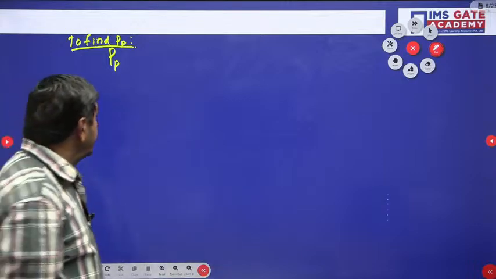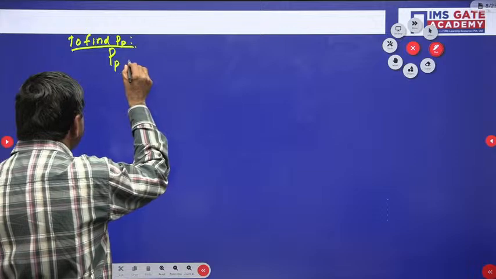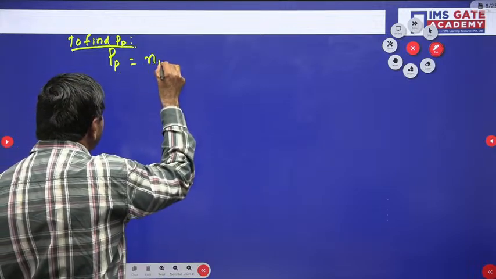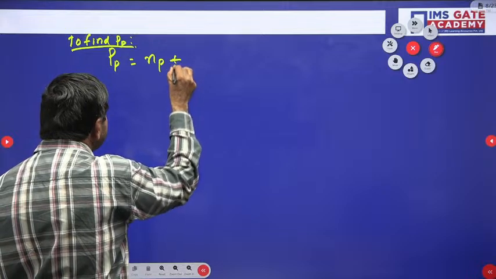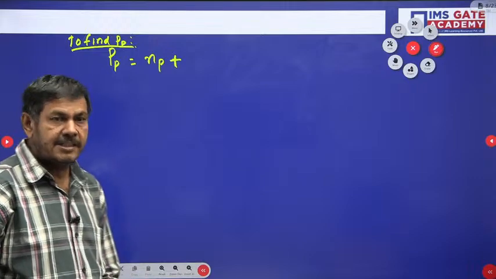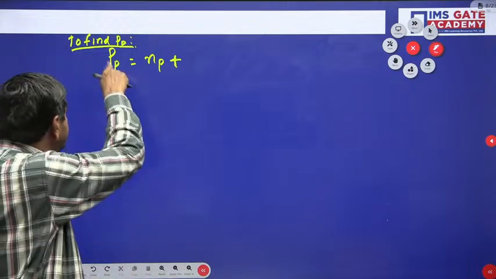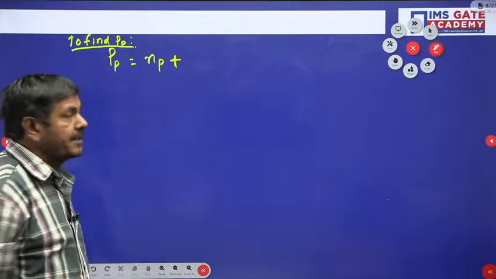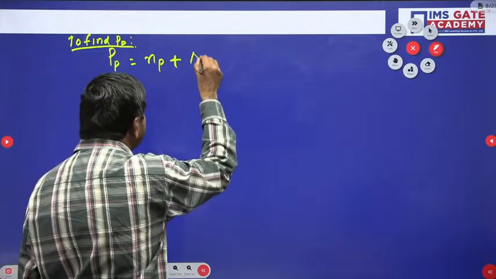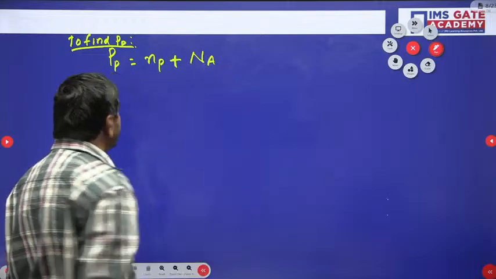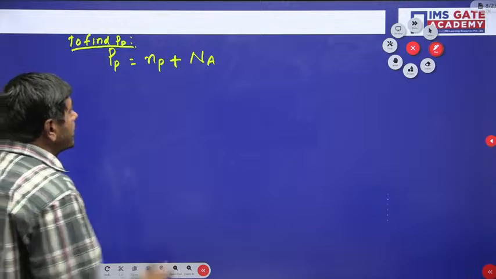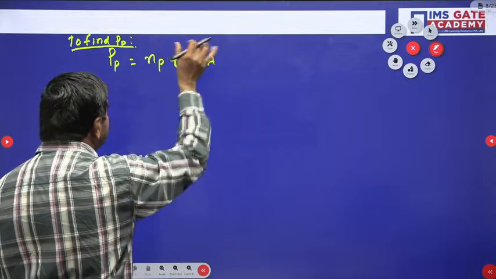In the p-type extrinsic semiconductor, p suffix p equals n suffix p plus Na. n suffix p means the minority carriers, the electrons, in the p-type extrinsic semiconductor. p suffix p means the holes in the p-type extrinsic semiconductor. Na is nothing but the acceptors concentration. Because of the impurity, we are getting this acceptors concentration.